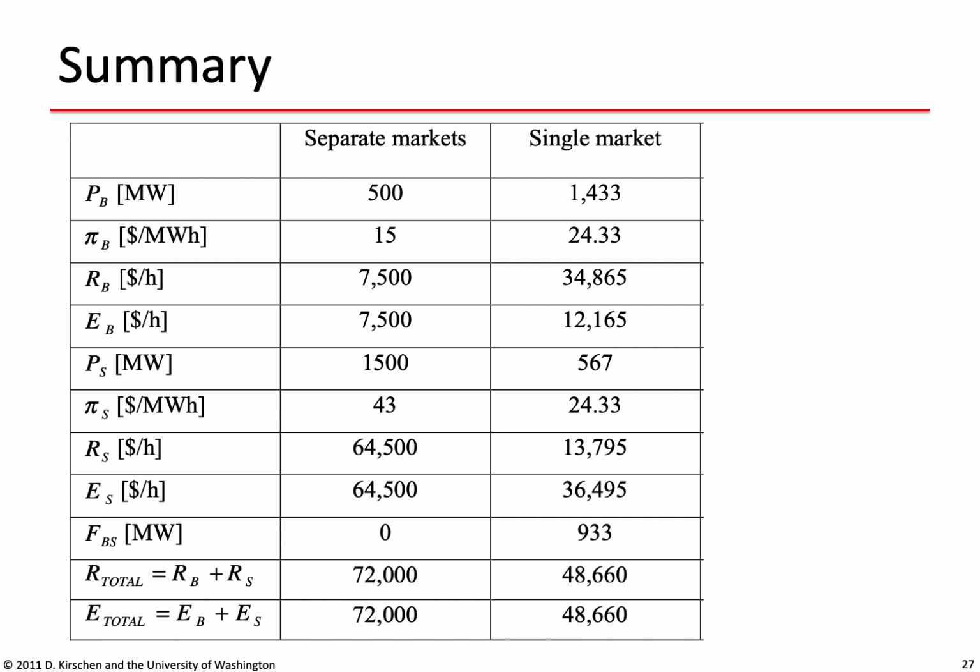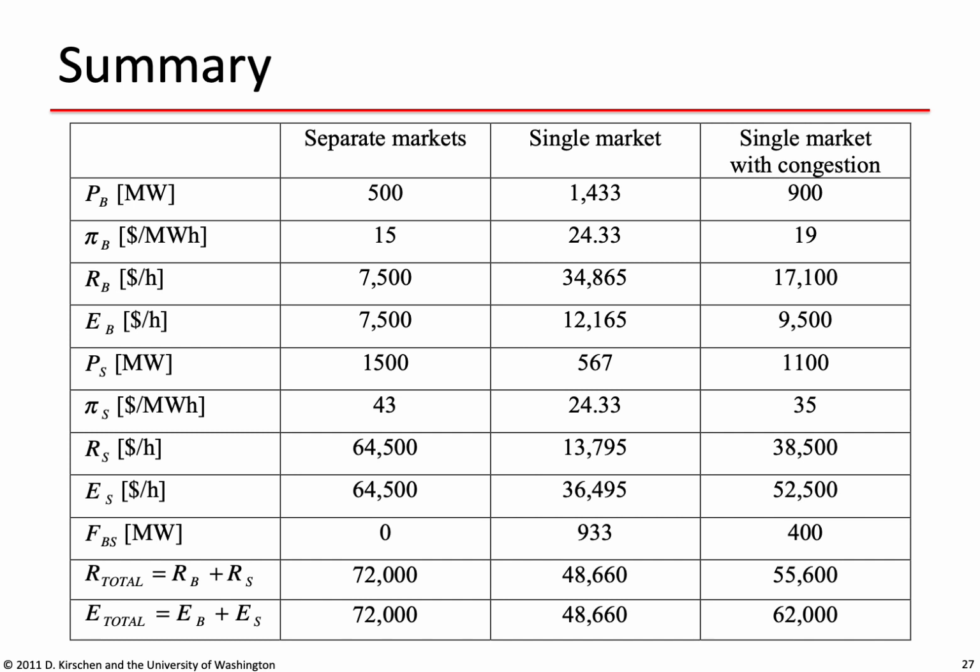The third case is a case where we had a single market with congestion on the interconnection. So we limited the flow on the interconnection to 400 megawatts. That means that the Bordurian producers could only produce 900 megawatts, 500 megawatts of Bordurian load plus 400 that they export to Syldavia. This meant that the price in Borduria was $19 per megawatt hour, and that their revenue was 17,100, which is 19 times 900.